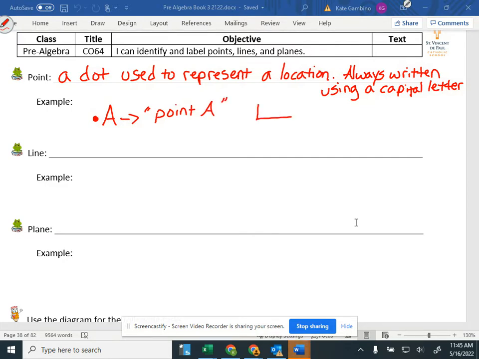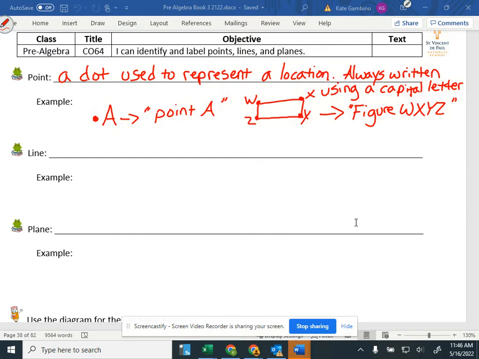When we have our polygon, if we have it labeled like this, W, X, Y, and Z, and we have our points at each corner, we would call this figure W, X, Y, Z. So when we have points that make a figure, you connect them, those polygons, we call it figure, and then whatever the points are.